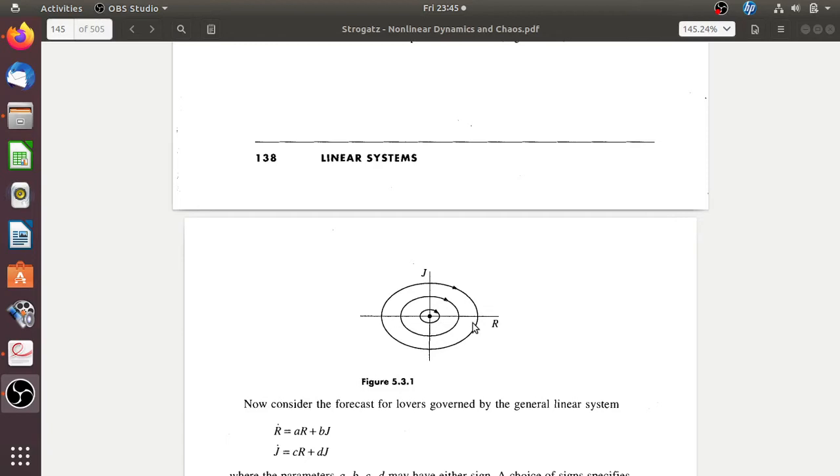From this phase portrait, let's try to understand the story. Say at some instant of time, Romeo developed feeling for Juliet. Let's say that particular state is represented by this point.